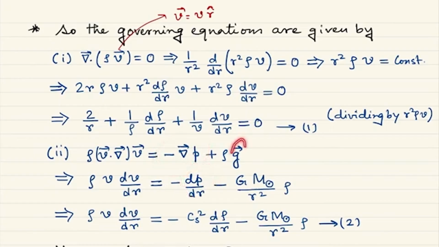And what about this one? This one is simply minus G M solar by r square. Again, we are assuming that the coronal plasma is inside the gravitational field of the whole sun. Excluding the mass of the coronal plasma if you want, because in any case the addition or subtraction of the coronal plasma doesn't change much to the solar mass.